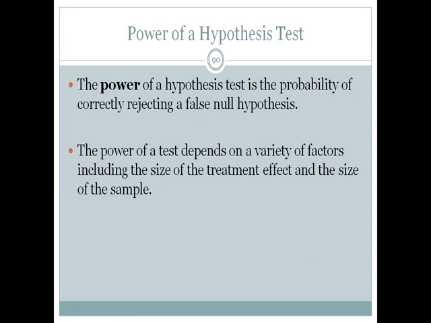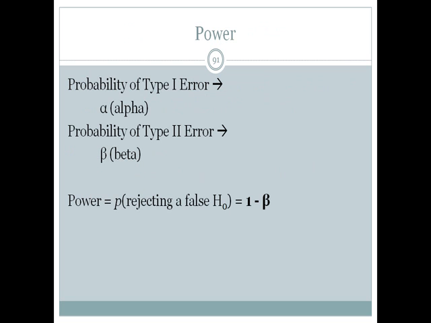If we define the probability of a type 1 error as alpha level, as we talked about before, and the probability of a type 2 error as beta, the power, which is the probability of rejecting a false null hypothesis, is 1 minus beta. So the power is 1 minus the type 2 error rate.